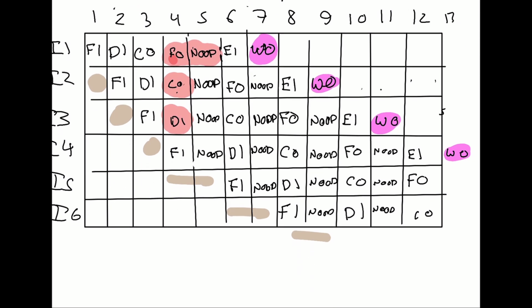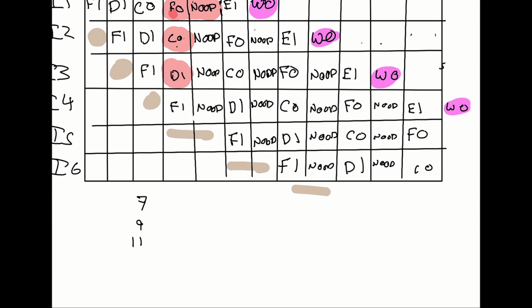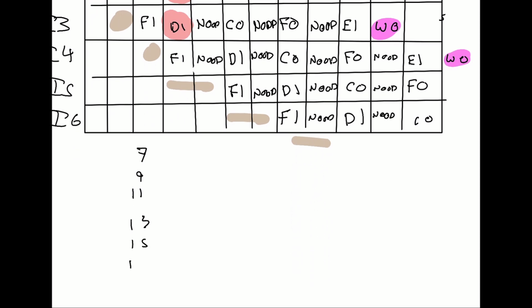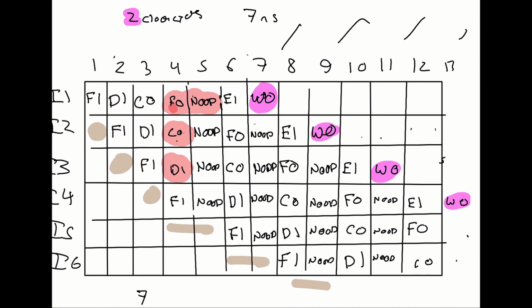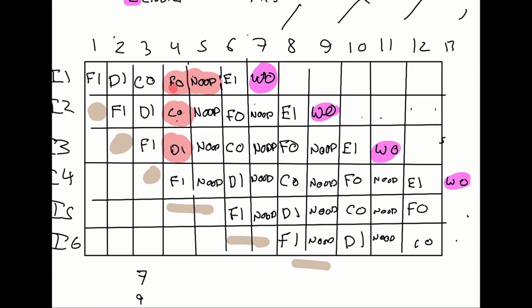So by that pattern, I hope you can see that instructions 5 and 6 would have finished at times 15 and 17. Okay, I'll leave it as an exercise for you to fill out these last 2 lines here, but it should give you 15 and 17.